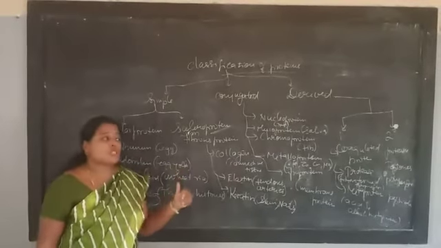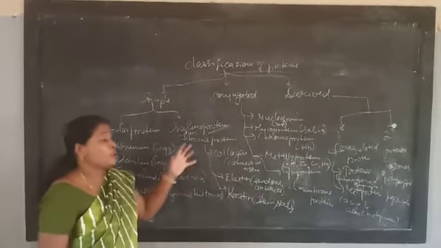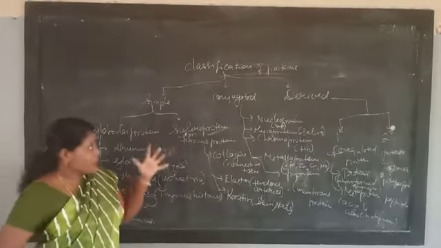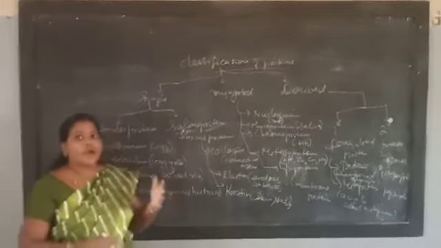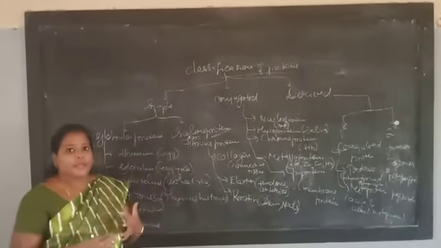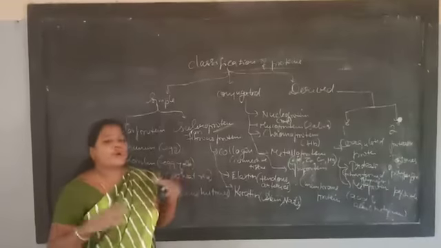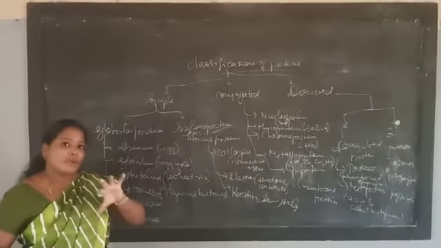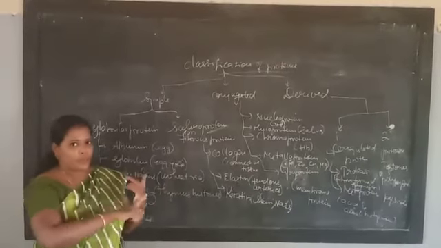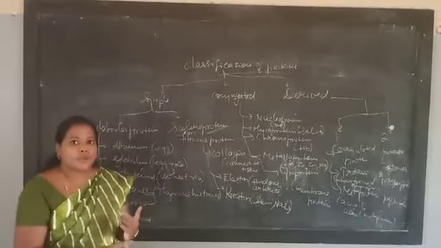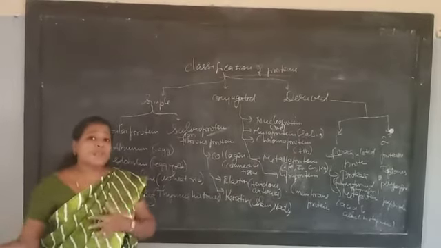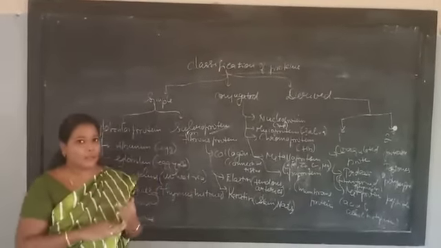Apart from this classification of proteins, there is also a nutritional classification of proteins. It is divided into complete proteins, partially incomplete proteins and incomplete proteins. Complete protein means it satisfies all the essential amino acids. Partially incomplete protein lacks some of the essential amino acids.